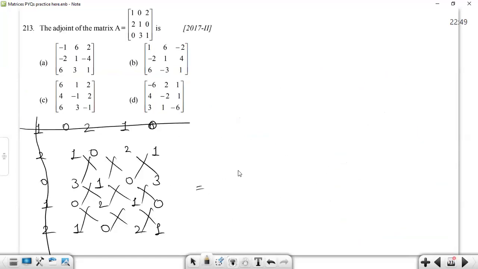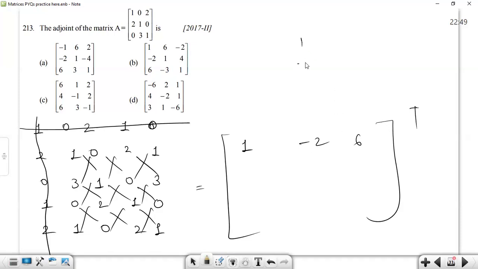After writing this, simply write the matrix. Then we'll solve this: 1 minus 0, 1, 0, 0 minus 2, minus 2, 6 minus 0, and its transpose. So the first column should be 1, minus 2, 6.